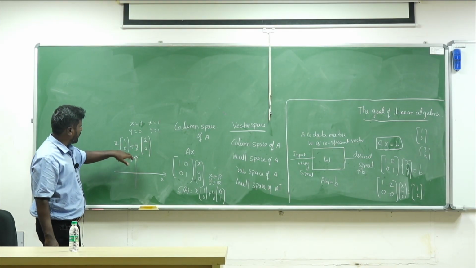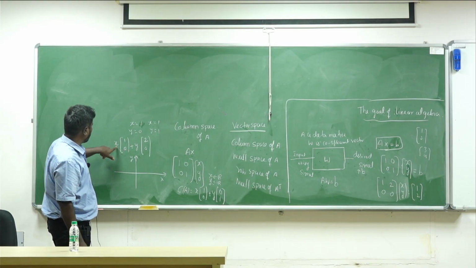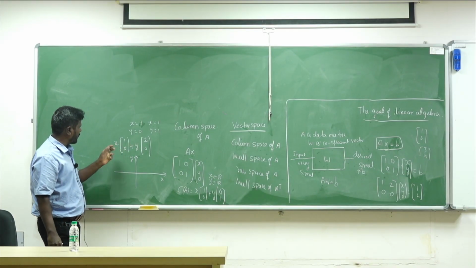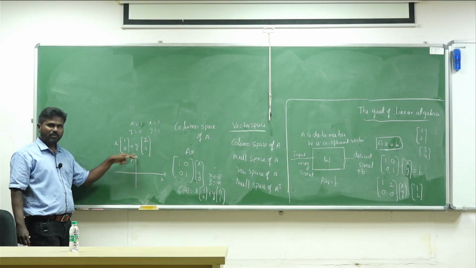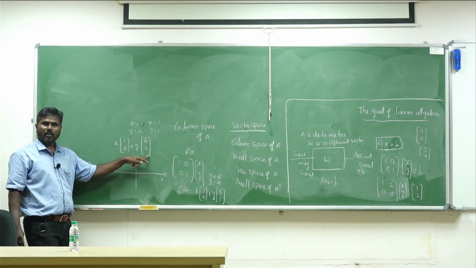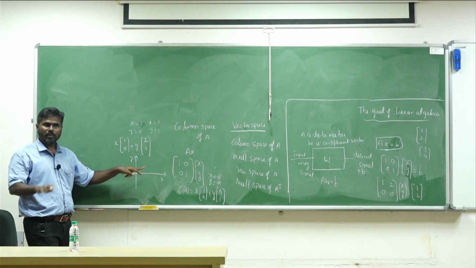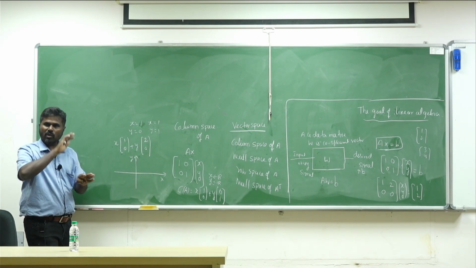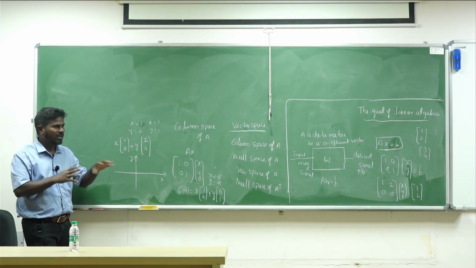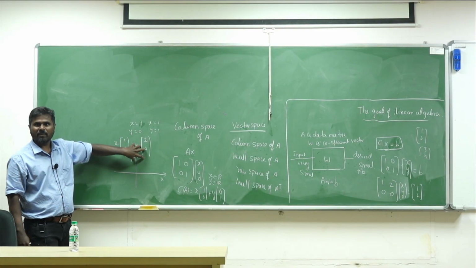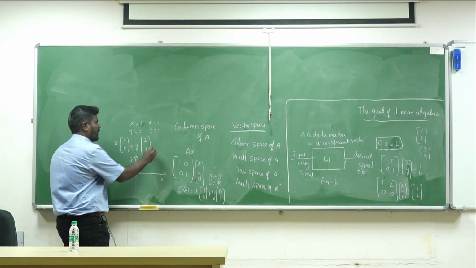Whatever the x and y values may be, what is the y component here? The y component is 0. The y component is always 0. Only you have the x component. Now you tell me what are the vectors this is going to fill up.